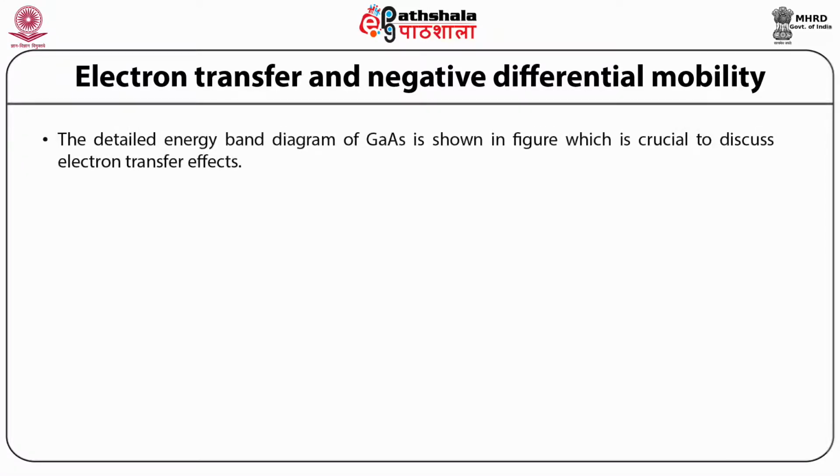The detailed energy band diagram of gallium arsenide is shown in this figure, which is crucial to discuss the electron transfer effects. As evident from this figure, the top of the valence band and the bottom of the conduction band both occur at k equal to 0, indicating that gallium arsenide is a direct band gap semiconductor.